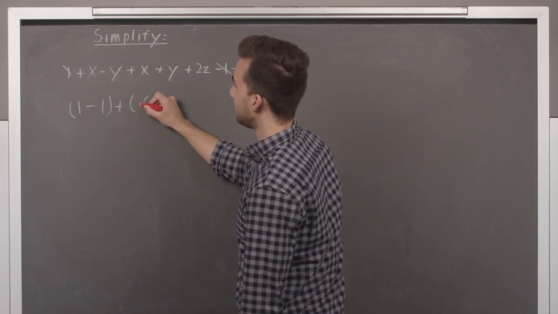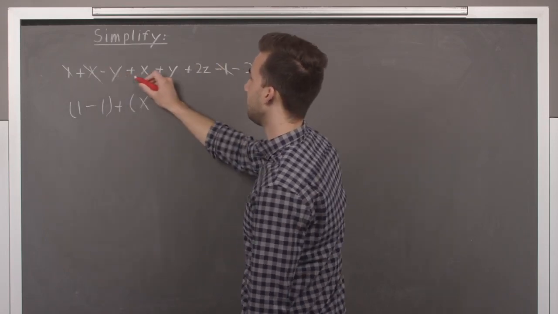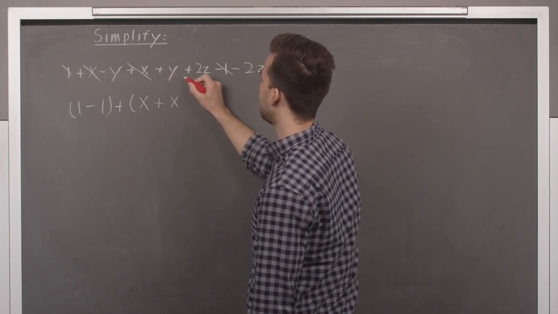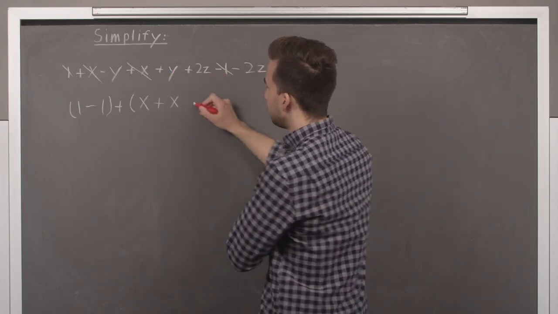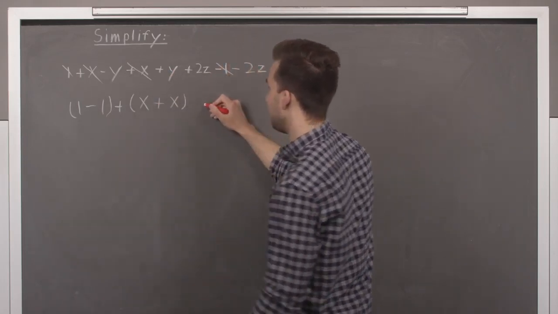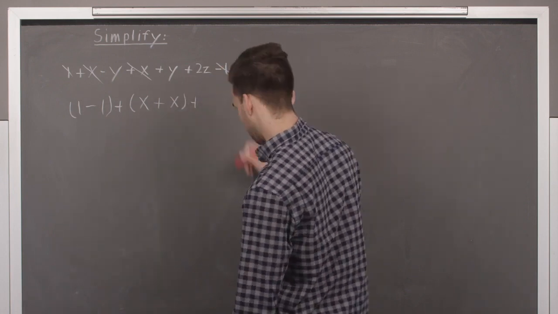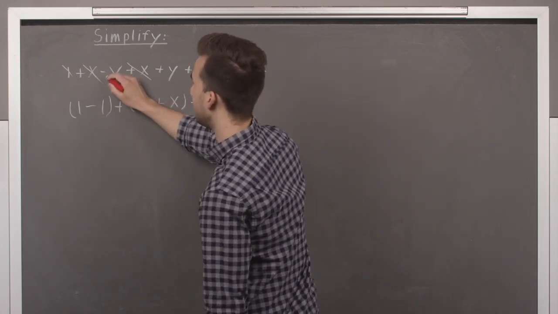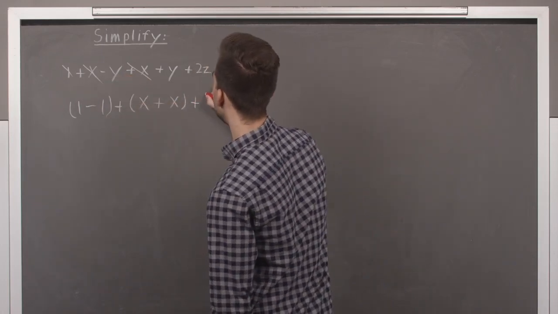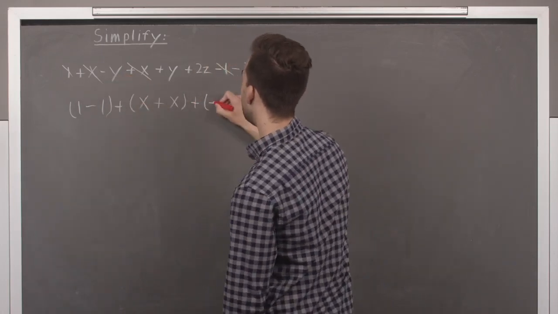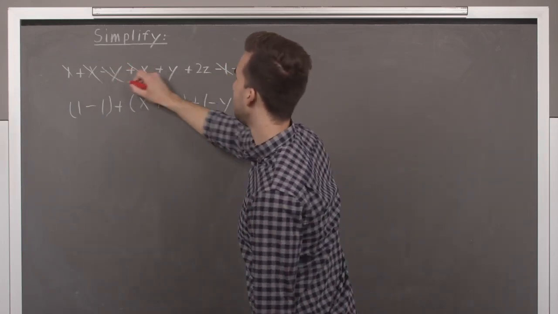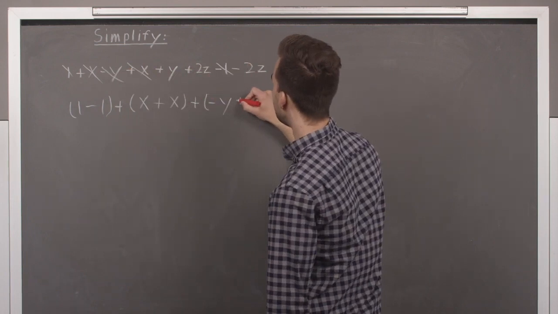We have an x there, and then we have a plus x here. Any other x's? No. And then we have a minus y there, and then we have a plus y here.